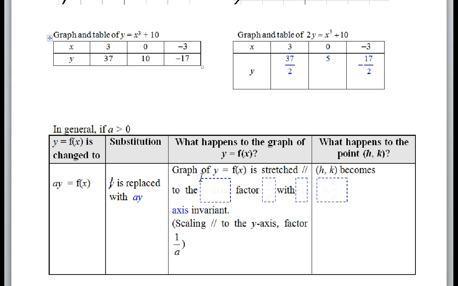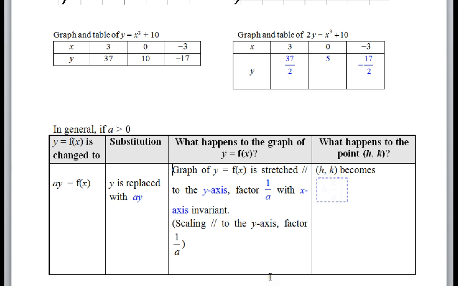Stretching with factor half doesn't make it longer, it's just compressing. You know what I'm saying? So, what is this factor? Is it a? Cannot be a, right? Because if it's 2, my factor is half. If it's a, my factor should be 1 over a. Very good. So parallel to the y-axis, 1 over a.